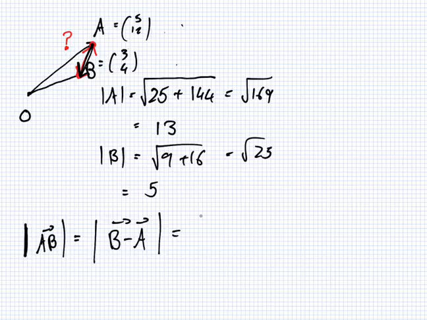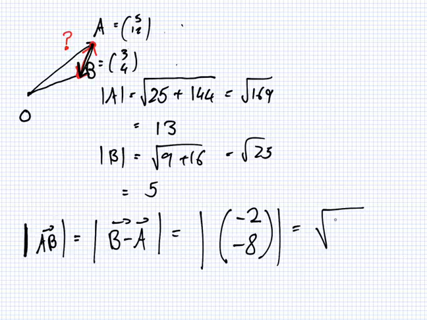So this would be the magnitude of (-2, 8), which is square root of 4 plus 64, which is square root of 68, which is 8.25.